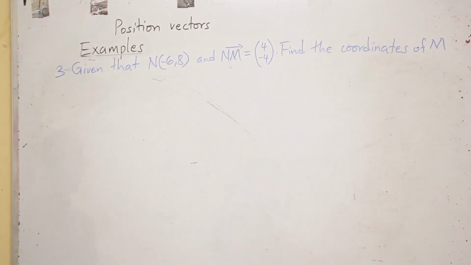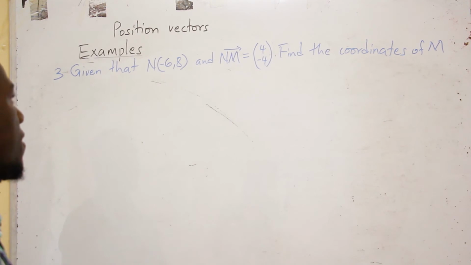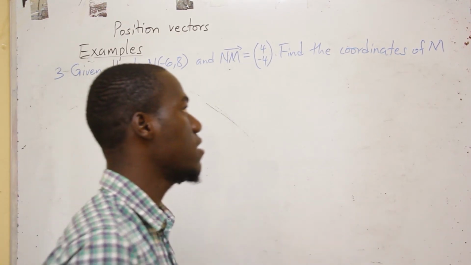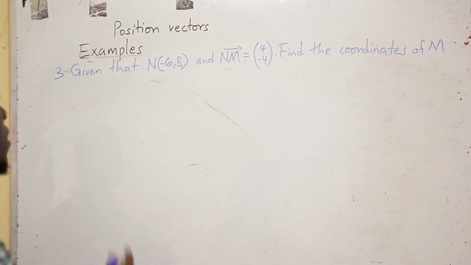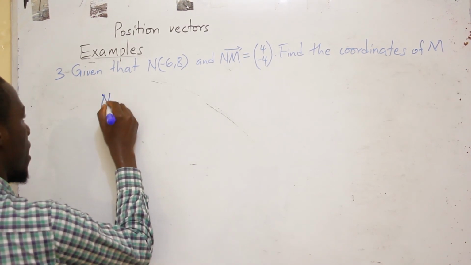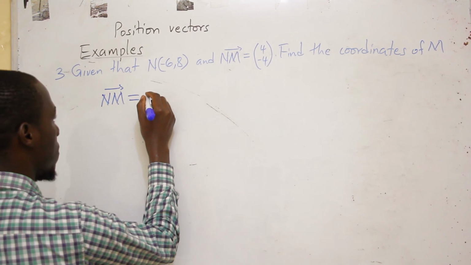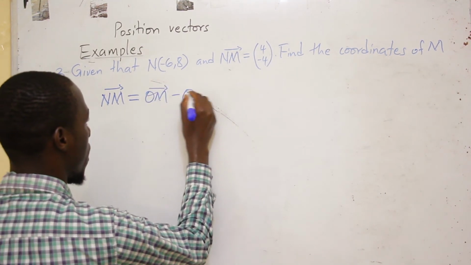So example 3, we have been given point N and the vector NM. Find the coordinates of M. So we are going to use that knowledge of position vectors. That is, to get my vector NM, I have to get my OM minus the ON.